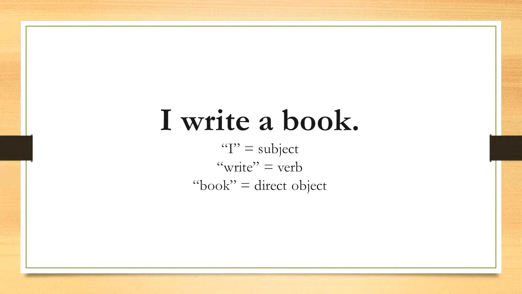In the sentence, I write a book, I am still the subject, and what I am doing is writing. In this sentence, however, we provide an object for the verb, or what we call a direct object. In the sentence, I hold a marker, I am the subject, performing the action of the holding, and the marker is the direct object, receiving the action of the verb. That is our basic definition of a direct object. The direct object is a noun or pronoun that receives the action of a verb.